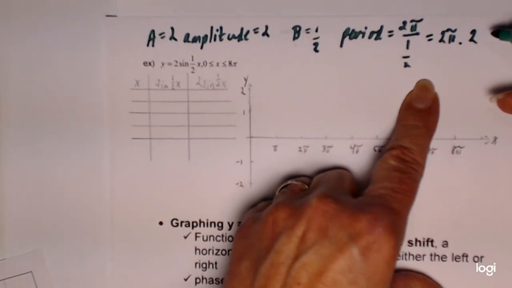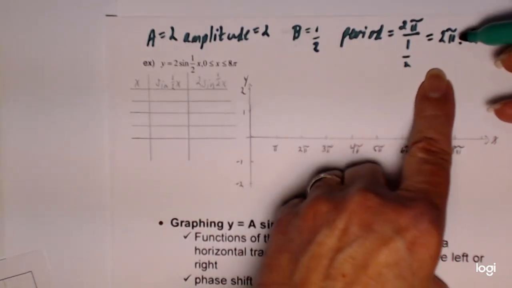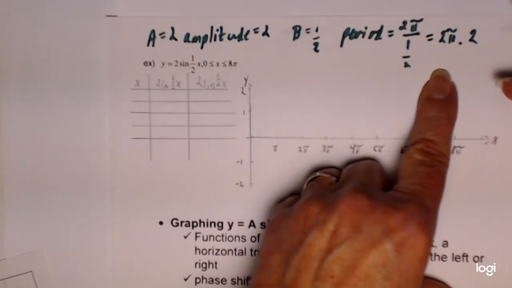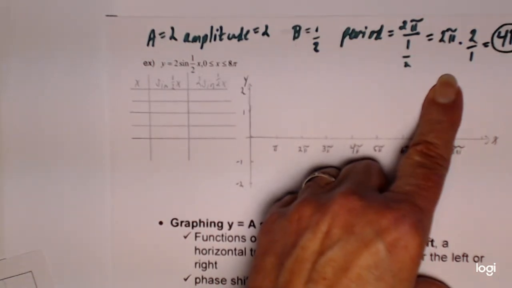Remember, we flip. In division, we flip the fraction, and then it's a multiplication problem. So we have 2 pi times 2. So now, I'll put this over 1 so you can see I flipped it. So now our period is 4 pi.